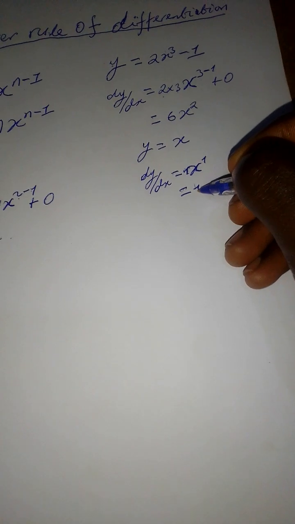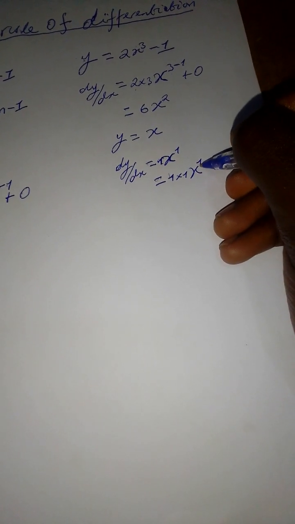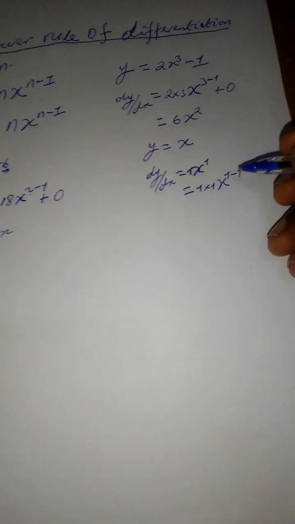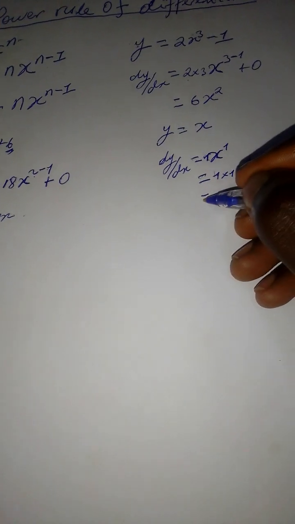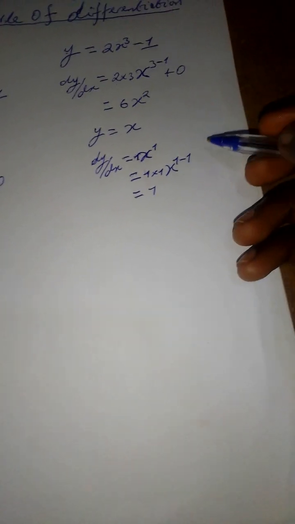So this is 1 times 1 x to the 1, and the power rule tells us that we minus 1 from the power. So this is going to give us 1 times 1 is 1, and 1 minus 1 on the power is 0, and x to the 0 is 1, because from our basic algebra in mathematics, we know that anything raised to the power 0 is 1.